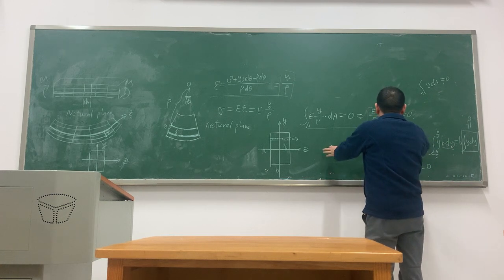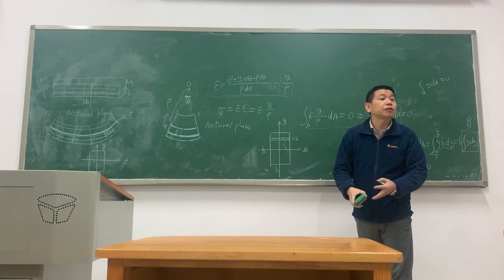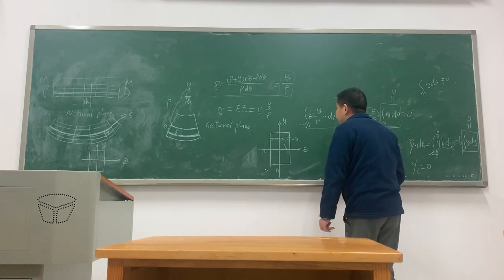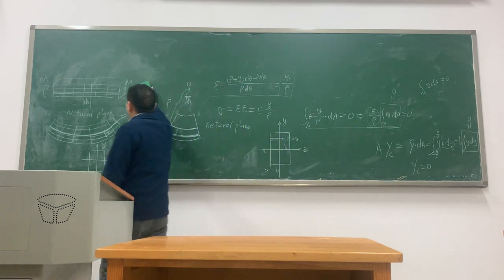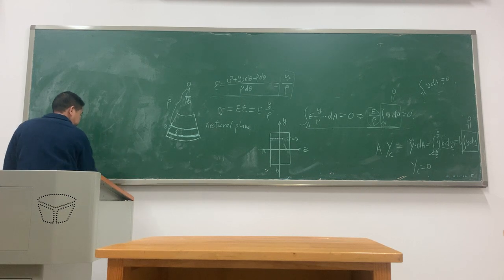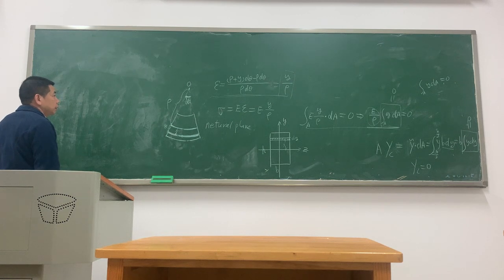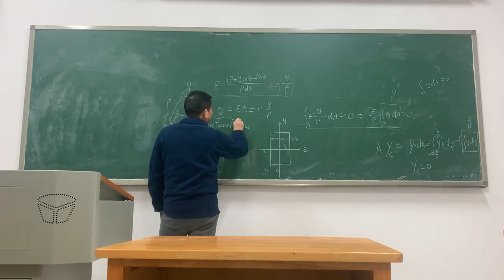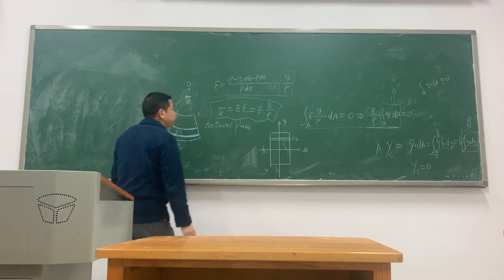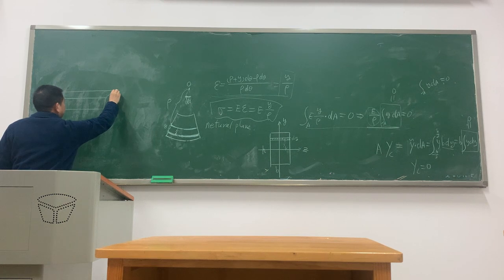Now I erase it, because we know where is the neutral axis. From the formula we know it is the rectangle, then it is the rectangle B. Yes or no?